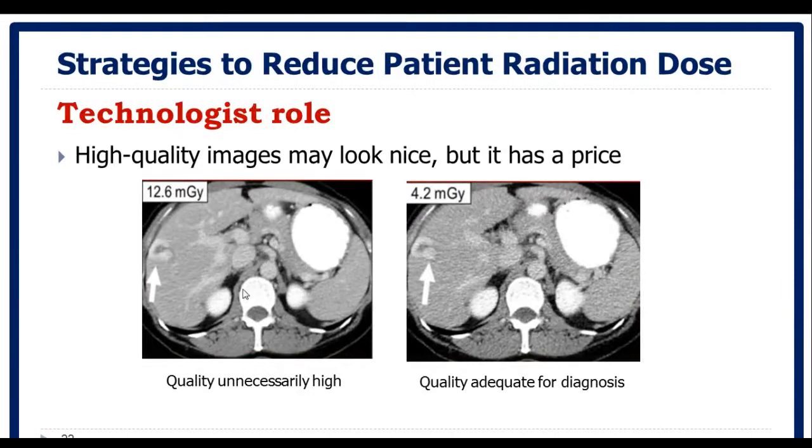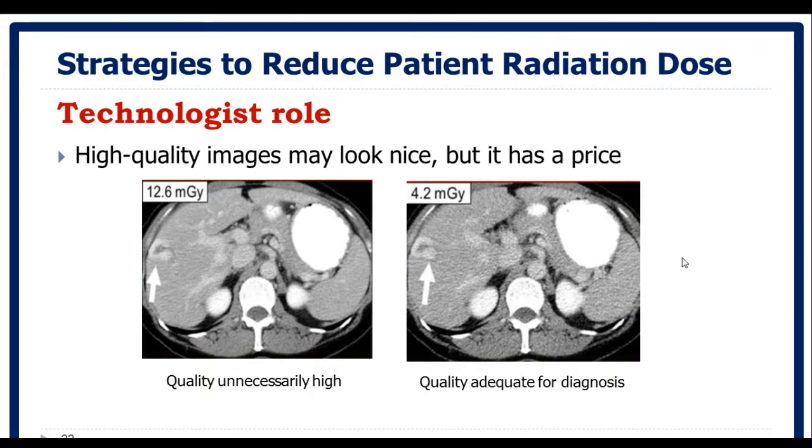High quality image with 12.6 milligram also provides a high quality image compared to this one, and will also diagnose the same problem. So what is the value of using this radiation dose if we are able to have the required information by obtaining a lower quality that could help in diagnosing the problem?